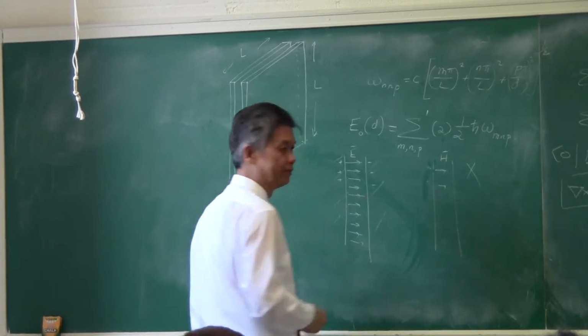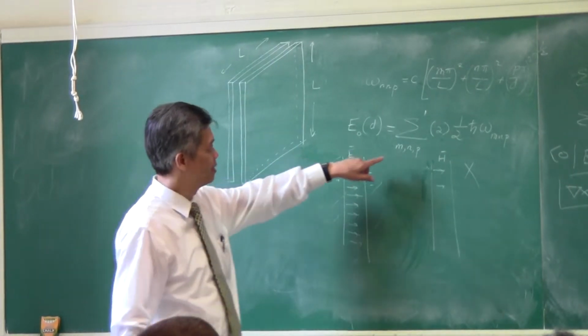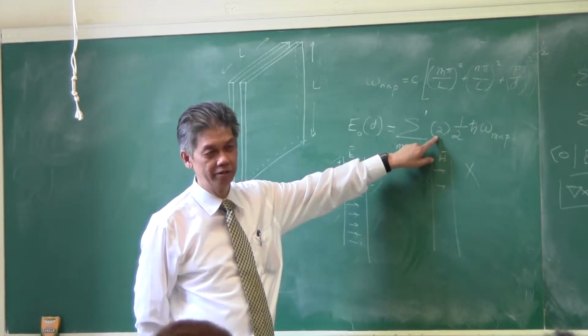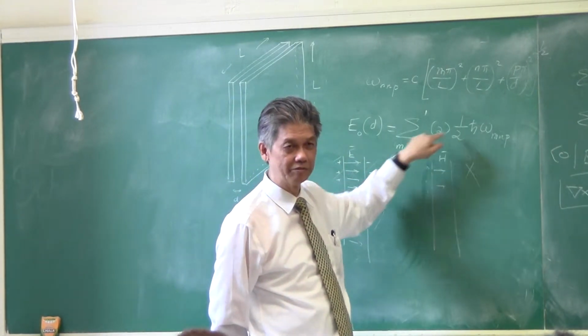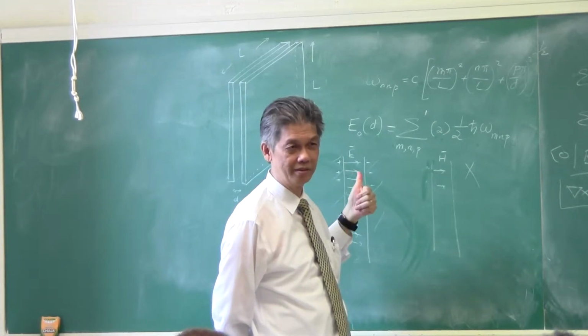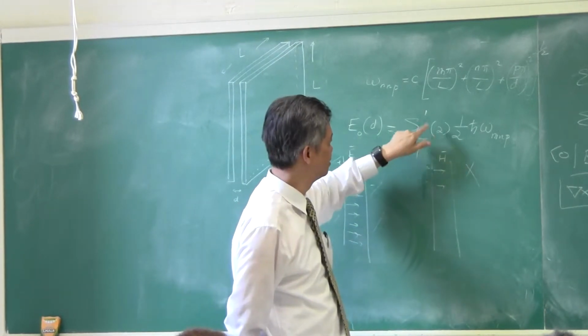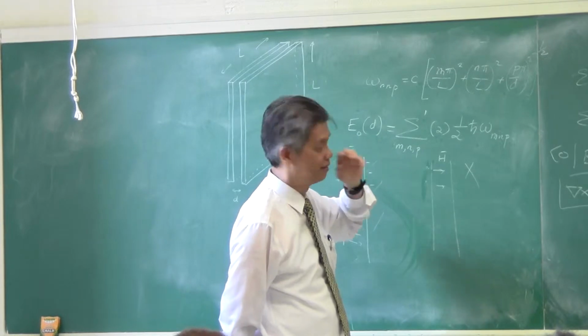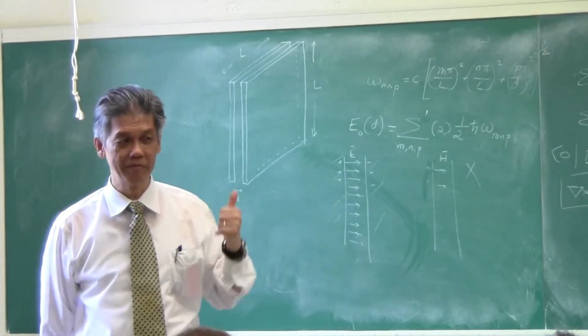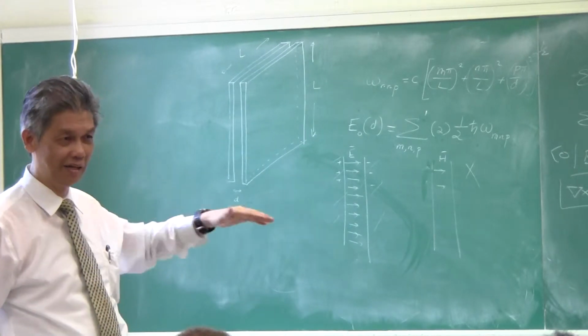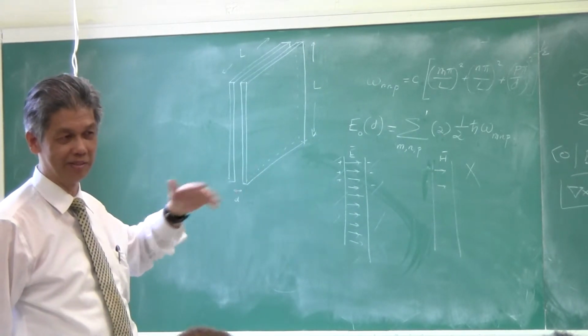Okay, no such mode. So this prime means that everything is paired and should be multiplied by 2 when we do the mode counting, except for this TEM mode, which has no pair. And we should pick out the 2 factor. That's what the prime is. Is this understood? Remember the parallel plate waveguide, there's a TEM mode, and that mode has no cousin.